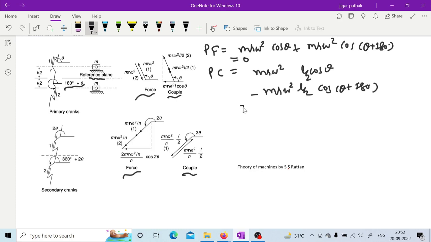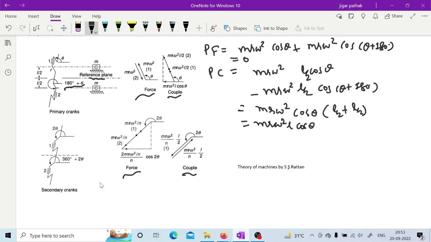Since cos theta plus 180 is minus cos theta, taking cos theta out gives L by 2 plus L by 2. So the primary couple is MR omega square into L into cos theta.